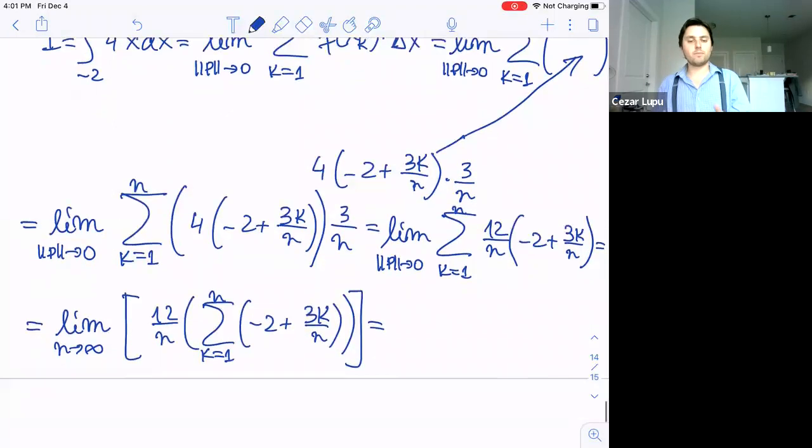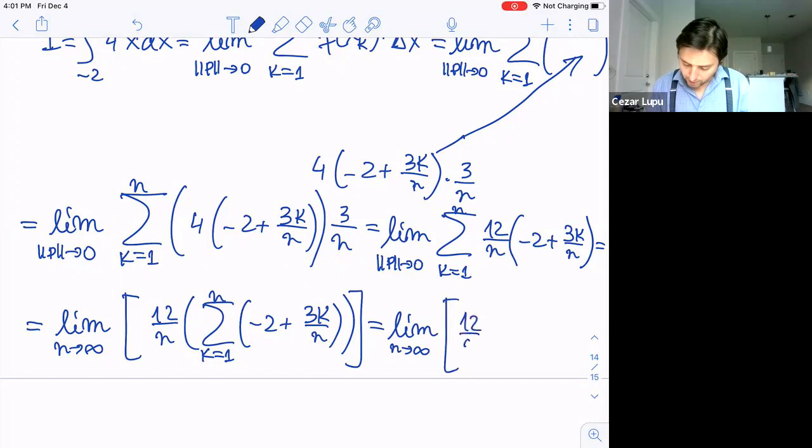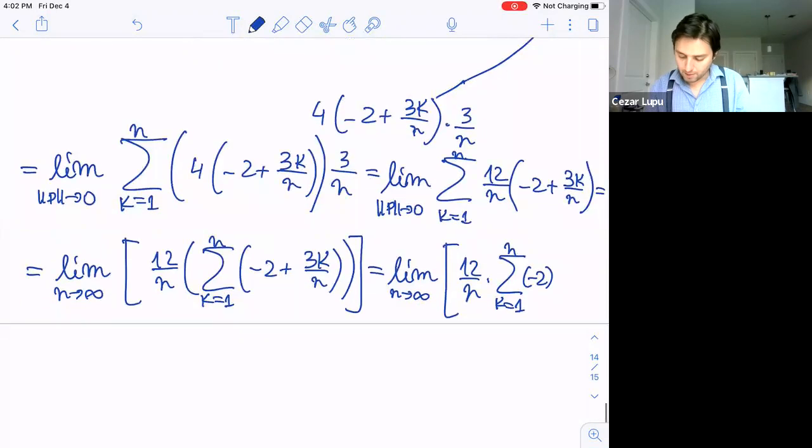And by applying the linearity, this would be the limit as n approaches infinity of 12 over n times the sum of -2 plus 12 over n times the sum of 3k over n.